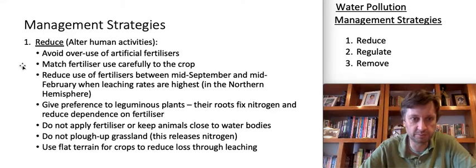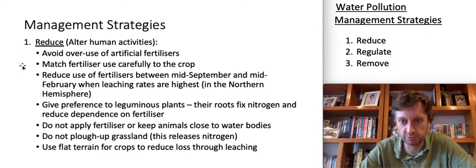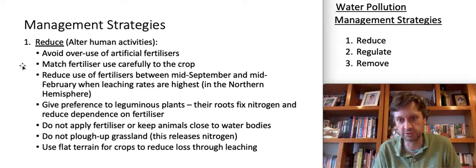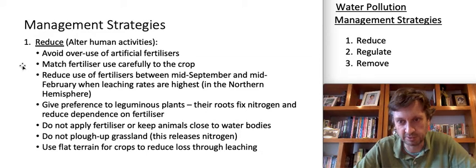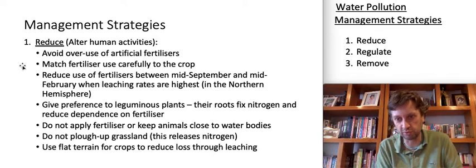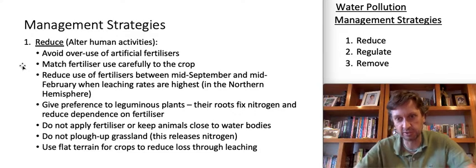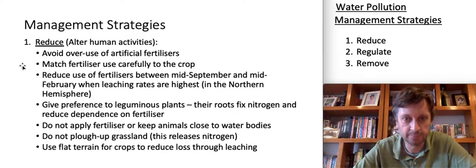Another thing you can do is match carefully the fertilizer to the crop you're growing. Different crops require different concentrations of nitrogen and phosphorus in particular, and potassium. So therefore you can carefully choose which fertilizer is correct, and in doing so reduce runoff and leaching of fertilizer by rain as much as possible.